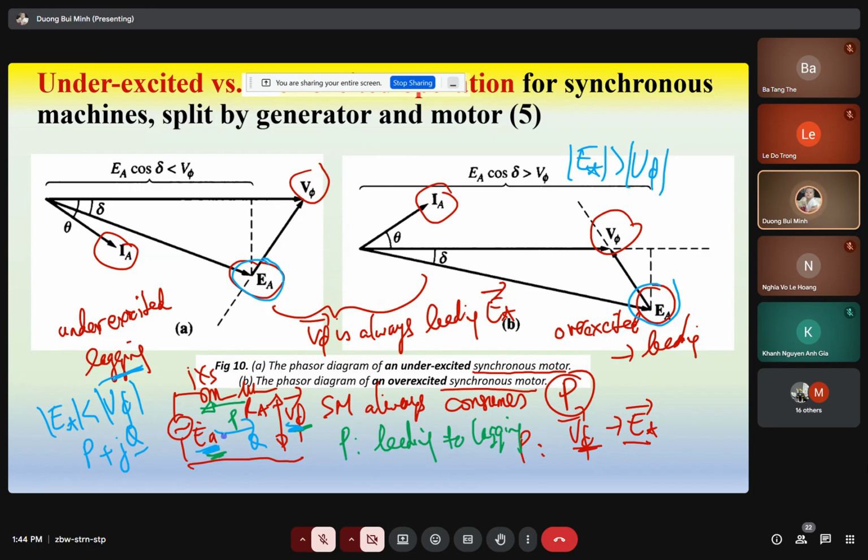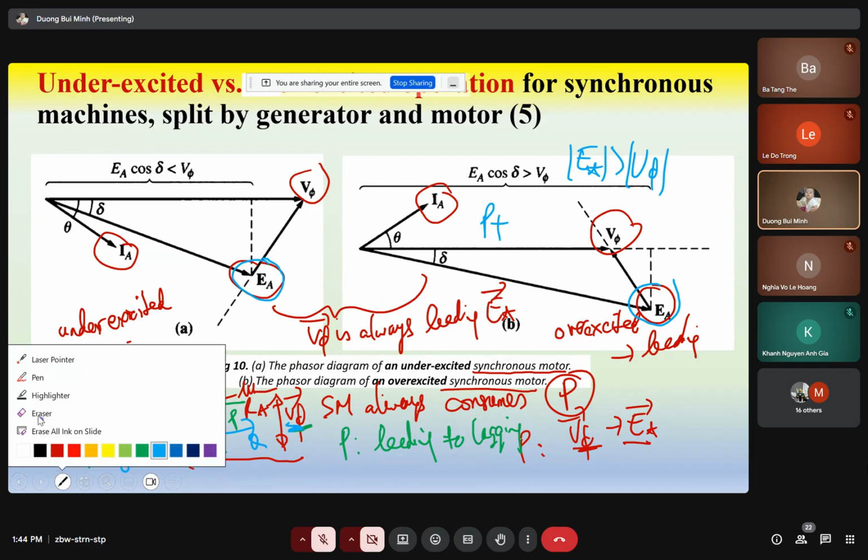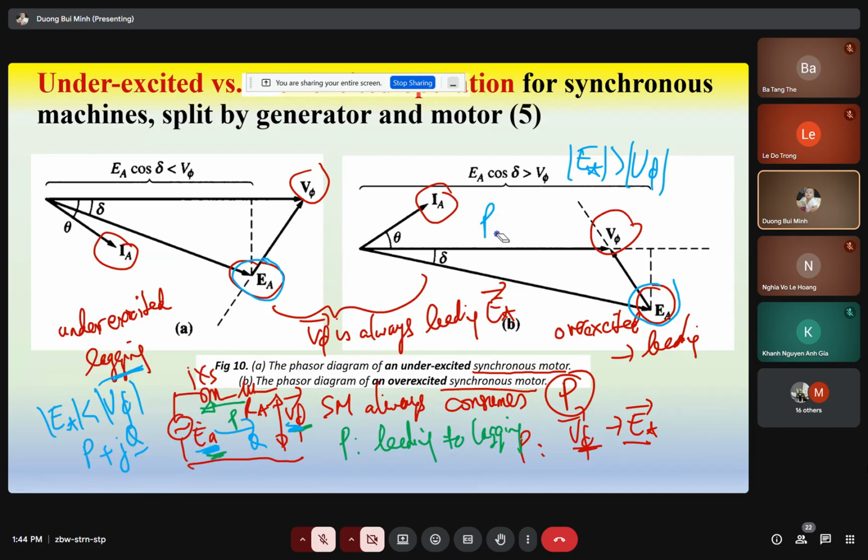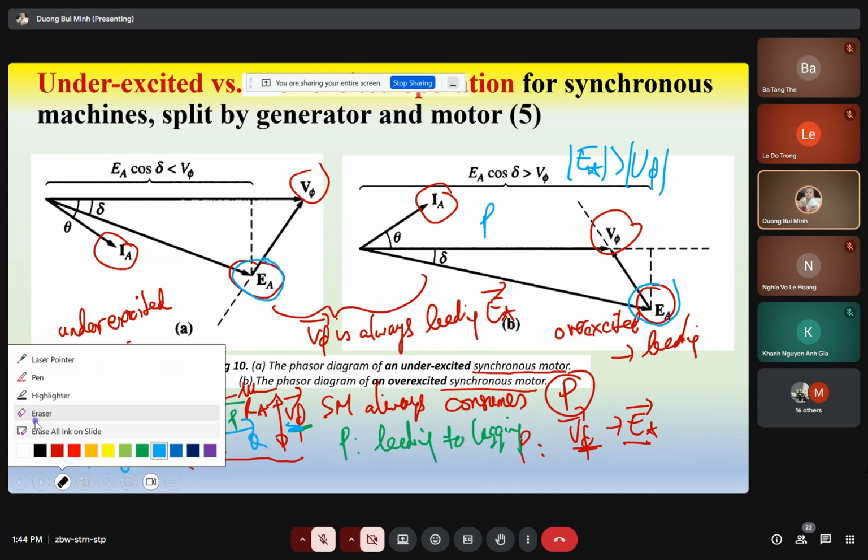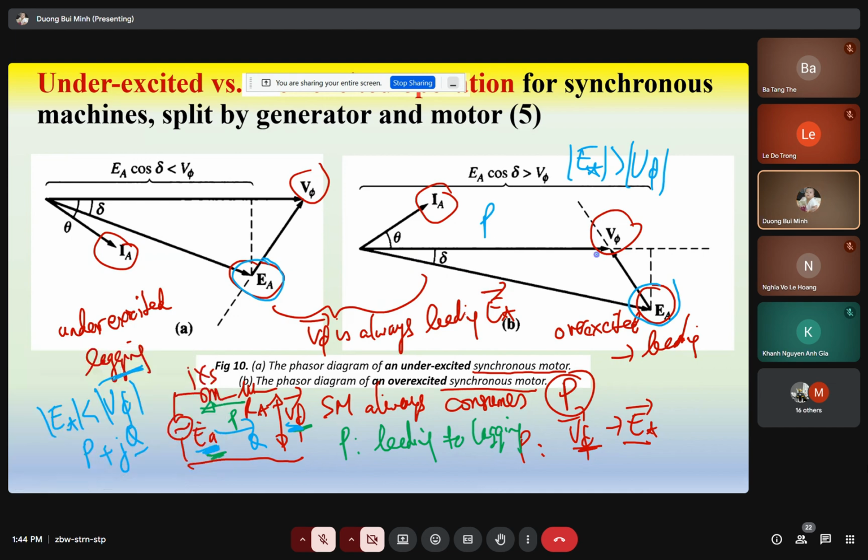Okay, so the reactive power should flow from EA back to V phase. So that means this motor consumes P and rejects Q. Okay, yeah, consume P and then supply Q. So you get the P minus JQ. It's the motor. Yeah, motor.